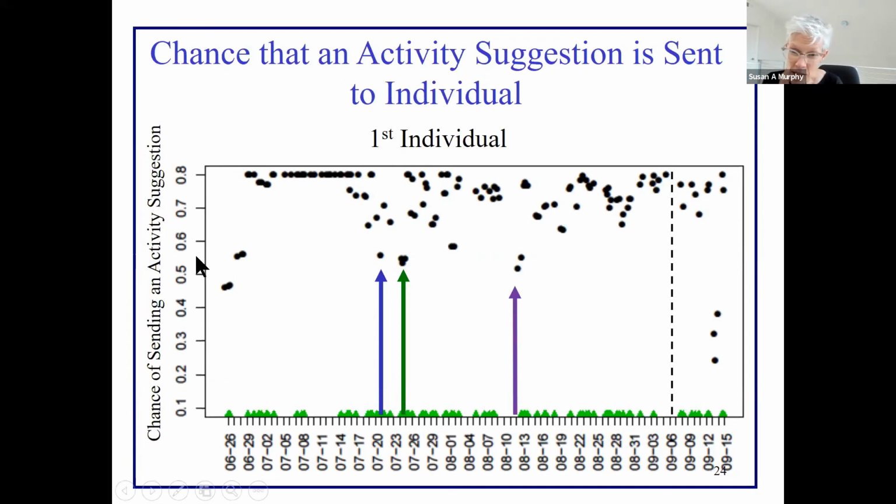We're sending that message with about probability 0.55. That's way too high. We realized we had really messed this up. And so we actually had to change the posterior sampling algorithm. And it got changed around this dotted line. So that's why I always put it here. So the next 2 users are all after that period.